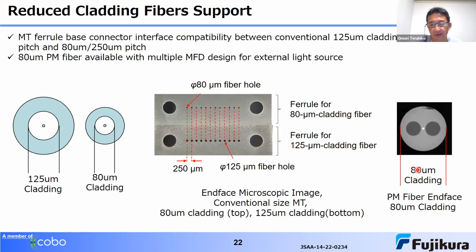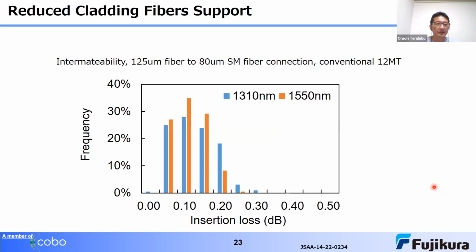Also, we have 18 micron cladding PM fiber, especially for external laser applications. And this slide shows the reduced clad fiber intermateability test. This shows good results for 80 micron single mode fiber connection with a conventional 12 fiber MT ferrule.